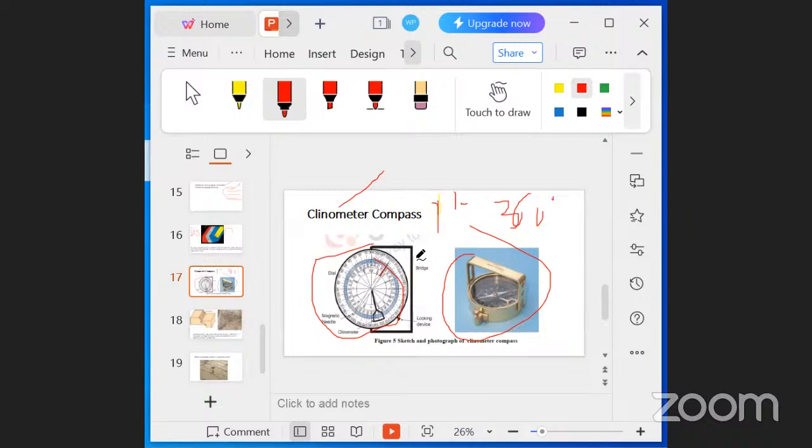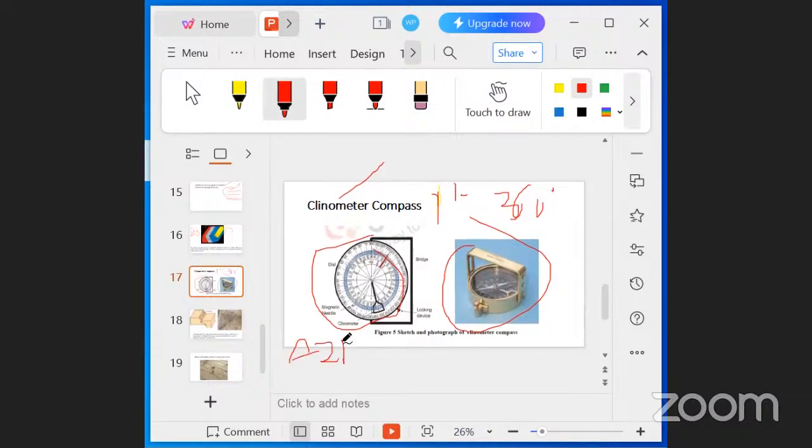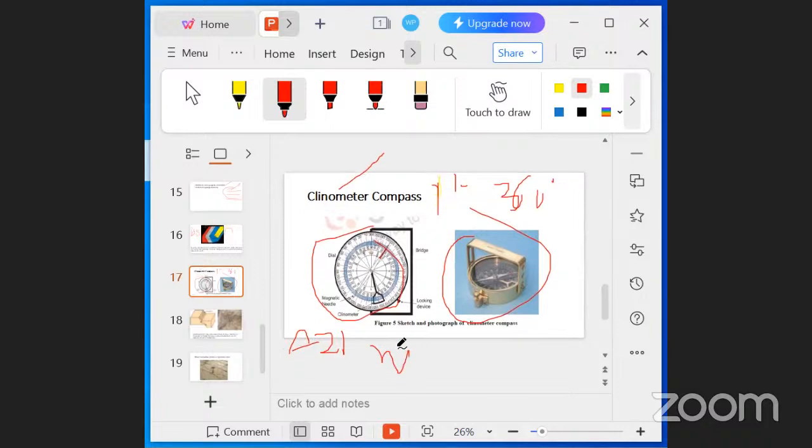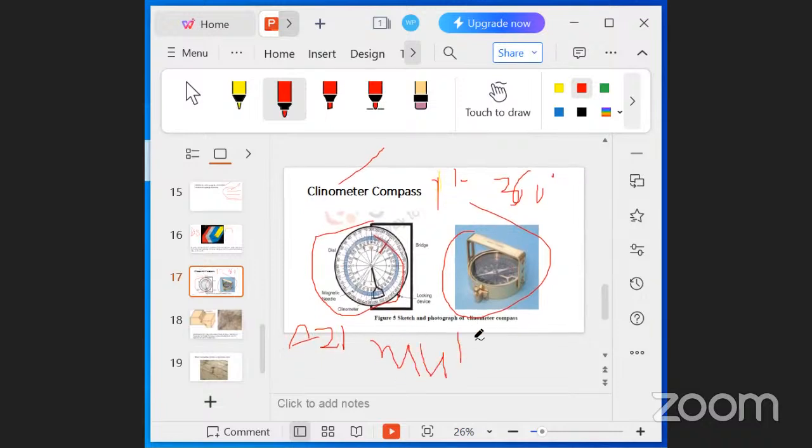So this circle is called, remember this word, azimuthal circle. What is that? The 360 divisions in the outermost circle for reading the direction is called the azimuthal circle.